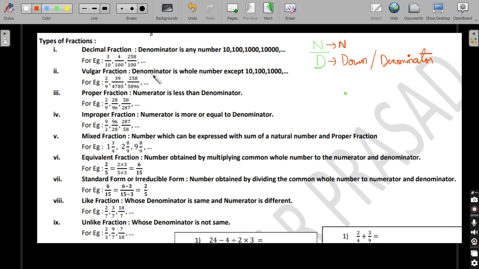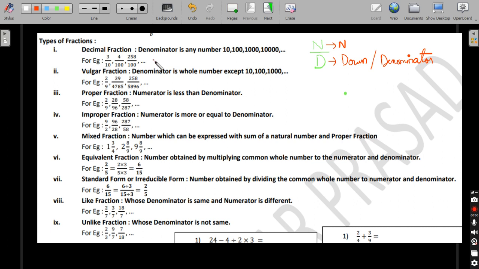That type of fraction is known as a vulgar fraction. If it is 10, 100, 1000, 1 lakh like that, then it is a decimal fraction in the denominator, and except 10, 100, 1000, 1 lakh, crore, anything else written in the denominator is your vulgar fraction.